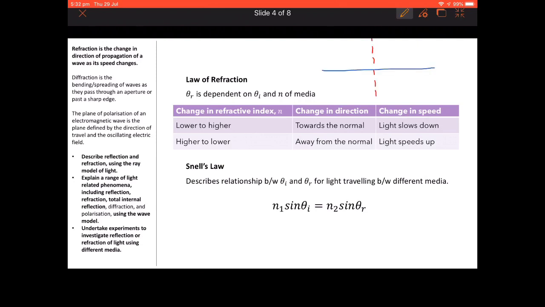If light is moving from a medium with a lower refractive index to a medium with a higher refractive index, the light will move towards the normal, and that's because the light speed slows down.